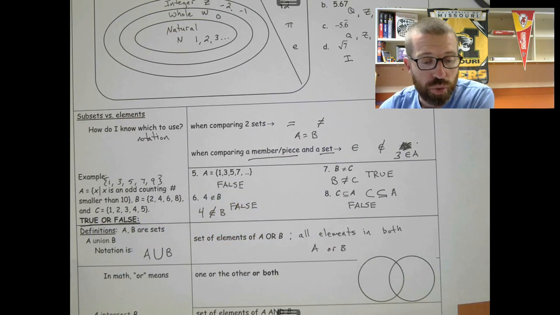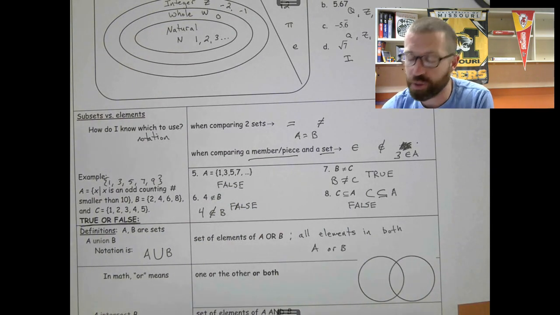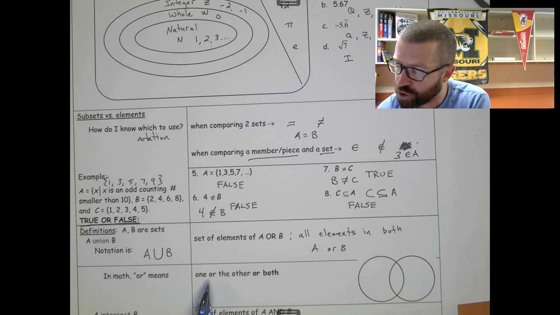It looks like a big U for union, which is nice to think about as you memorize. But that means to join them together. So it means one or the other or both.